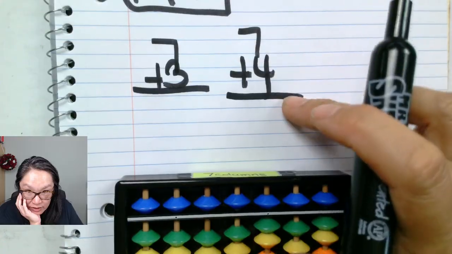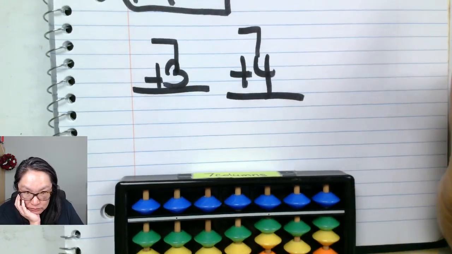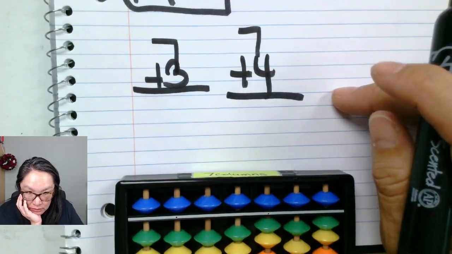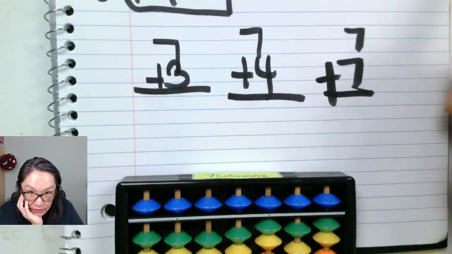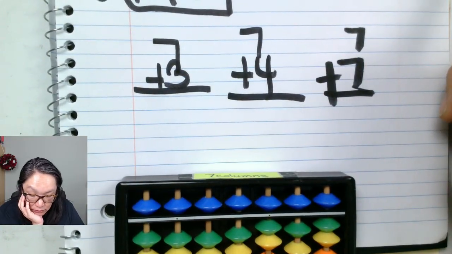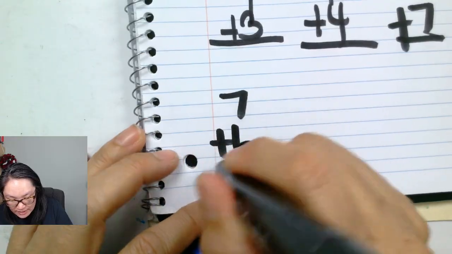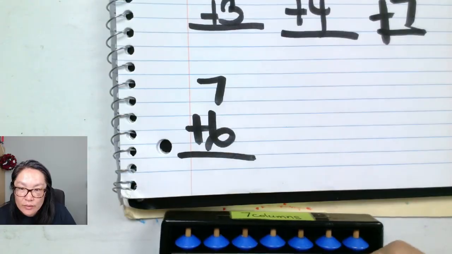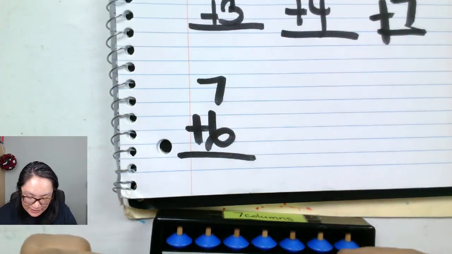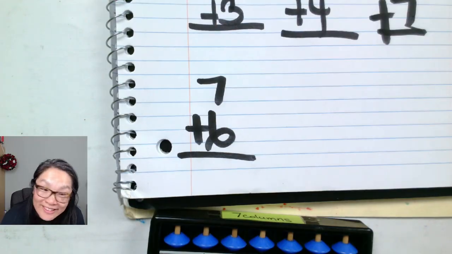Is it 7 plus 4? Or is it 7 plus 7? 7 plus 7 is different. Or is it 7 plus 6? 7 plus 6. Oh, I see. Okay, that's what I'm waiting for. I need to know what the question is, or I could explain it. And then for sure that's my last one.